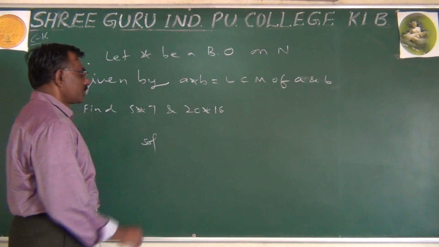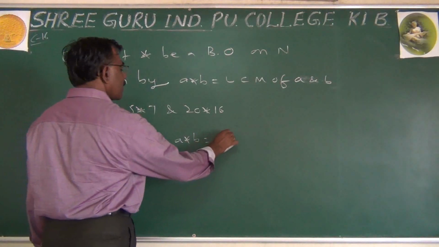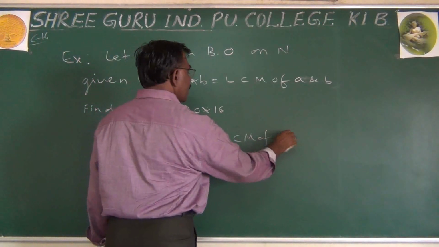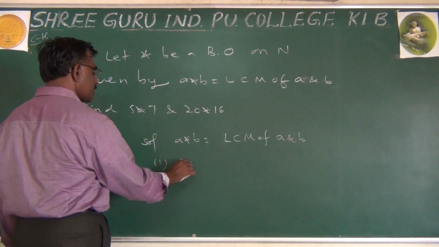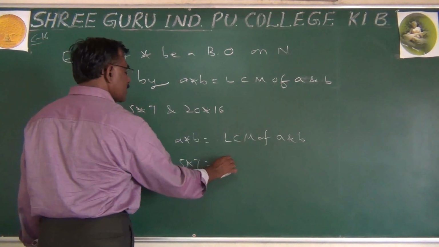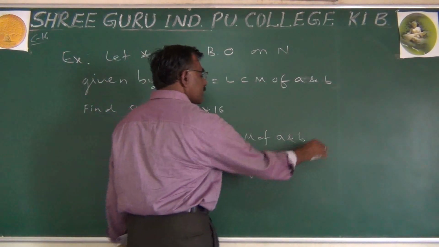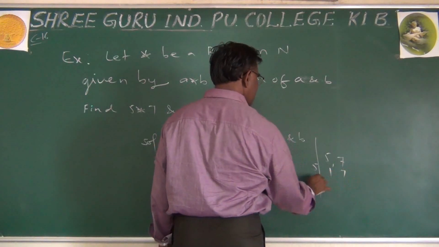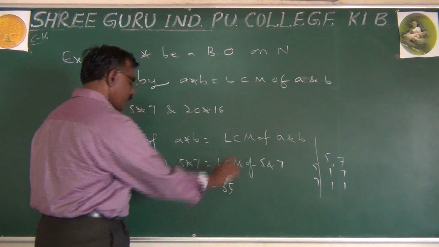Now A star B equals LCM of A and B. What is the first question? 5 star 7. So the LCM of 5 and 7, what is the answer? 35.